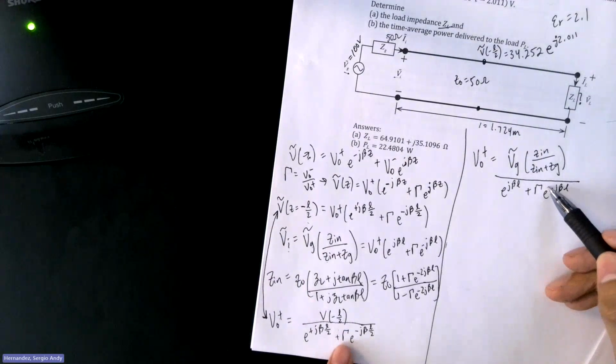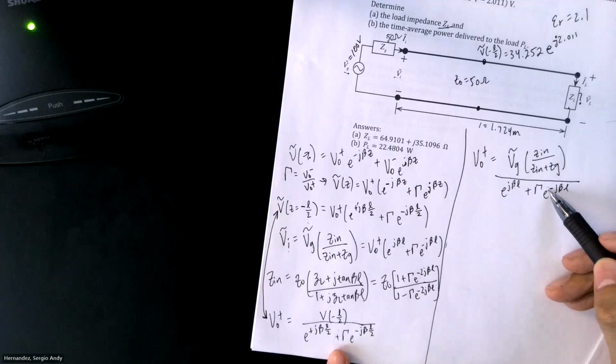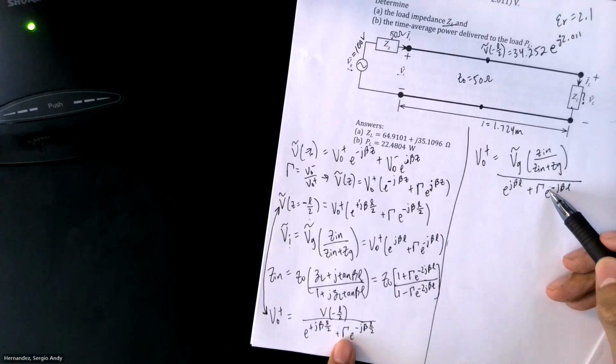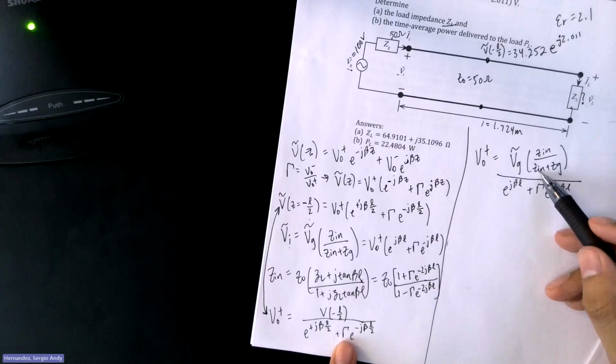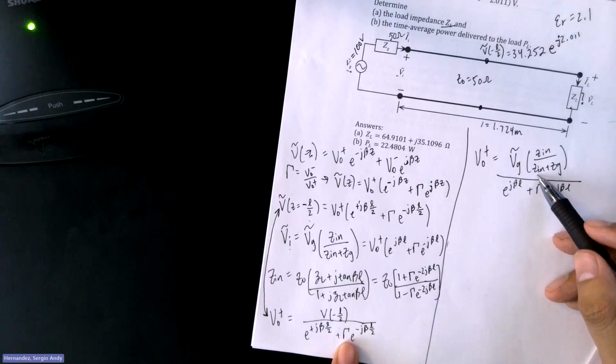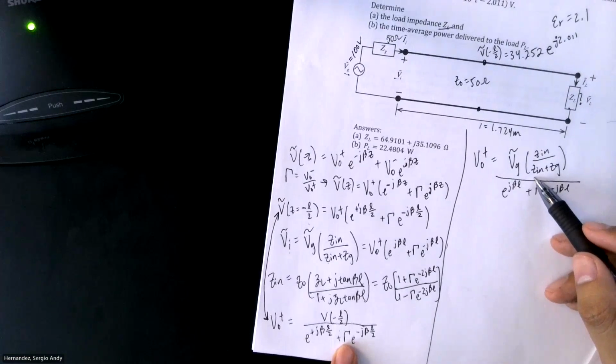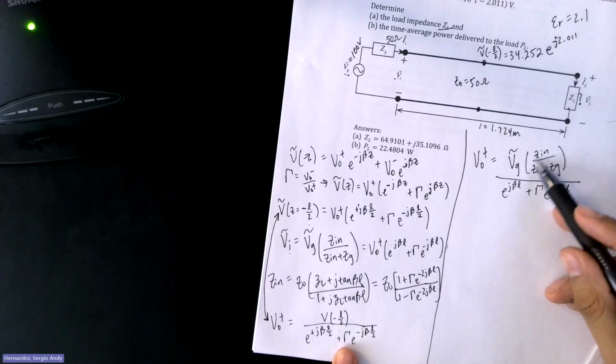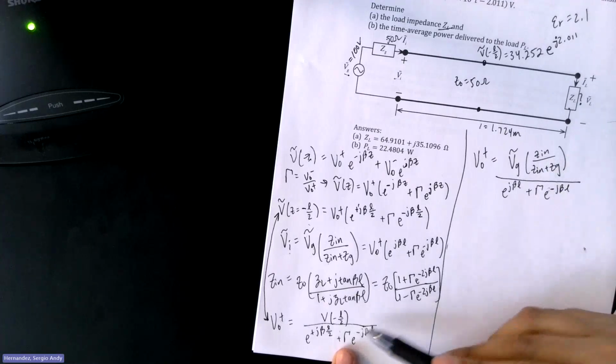All right. But if we set these two equal to each other, there's still a problem, right? We don't have gamma and we don't have Zn. So we're solving for two unknowns using one equation. The next step here would be to look at any of these variables that we know we can swap out.